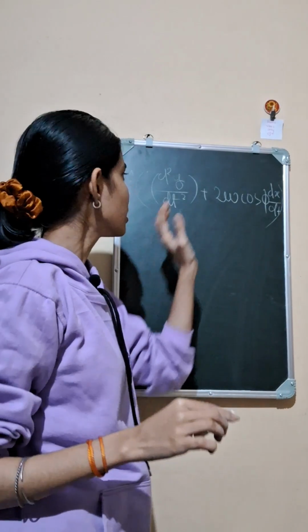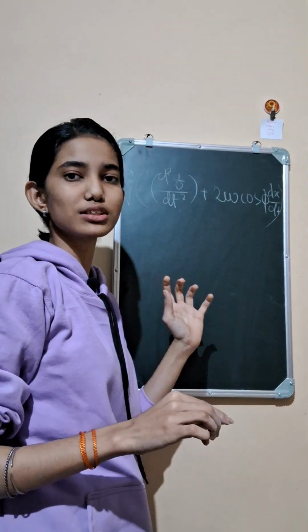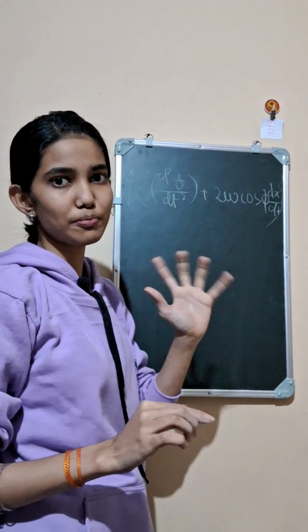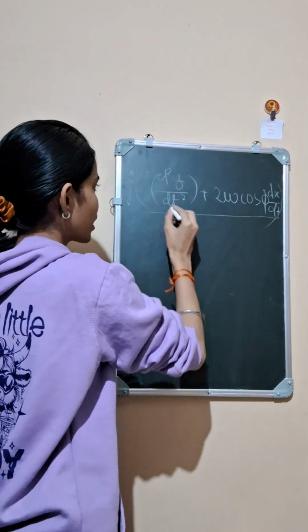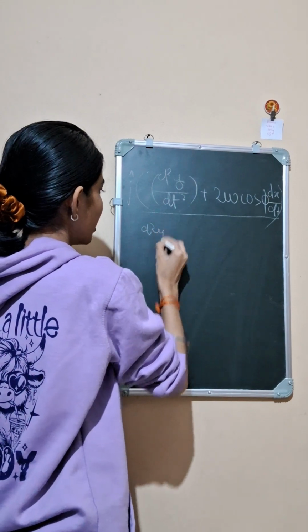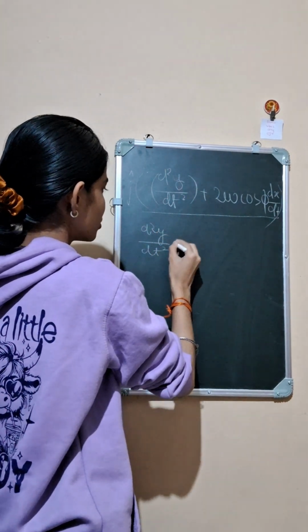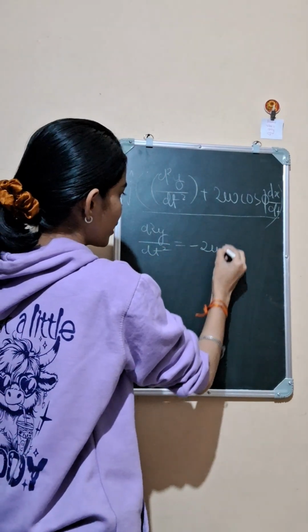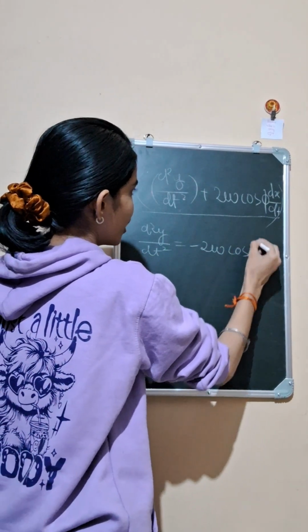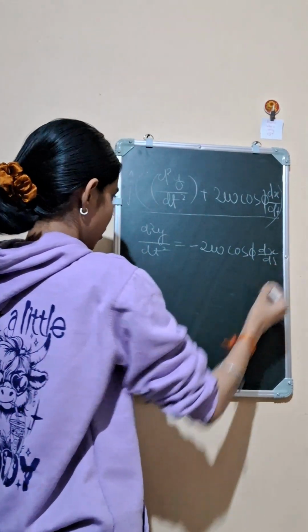We had seen that there was no term on the left hand side in the j cap direction. So this thing will be equal to 0. Means d2y by dt square plus this will be equal to 0. So d2y by dt square equals to minus 2 omega cos phi dx by dt.